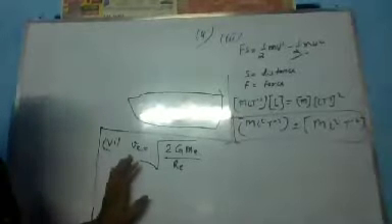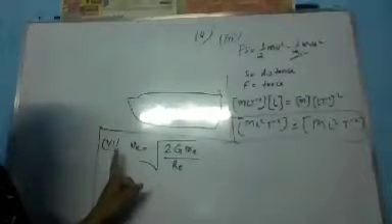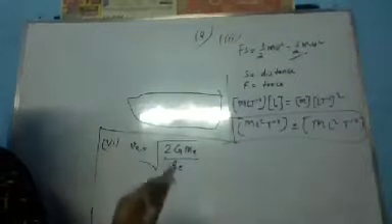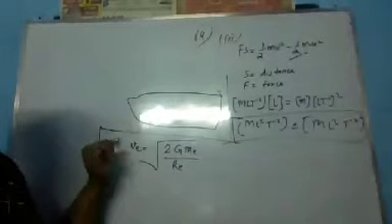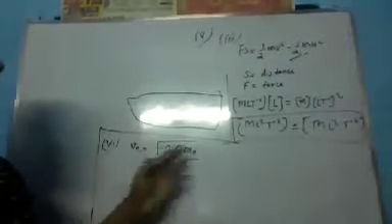See, let me give you a hint. This is the escape velocity. So escape velocity has the same dimension formula like any other velocity, LT^-1.